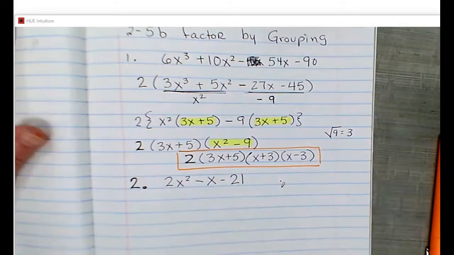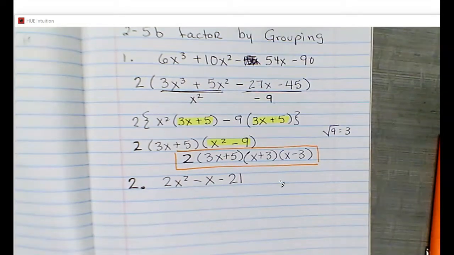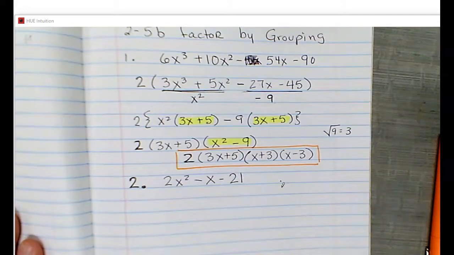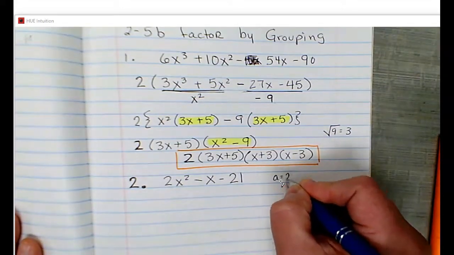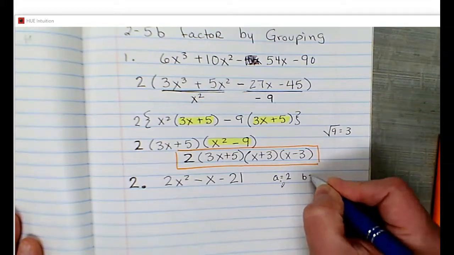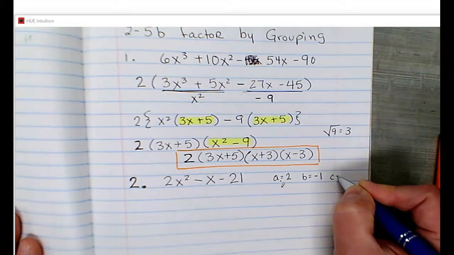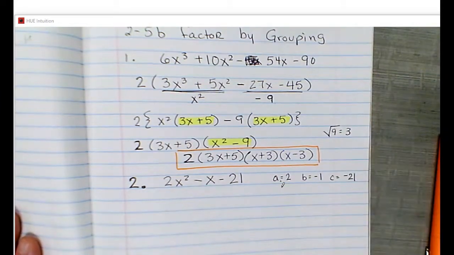This method is going to allow us to factor these kind of problems where the A is not equal to 1. What's the A in this problem? And what's the B? Not 1, but negative 1. The sign's important. Okay.